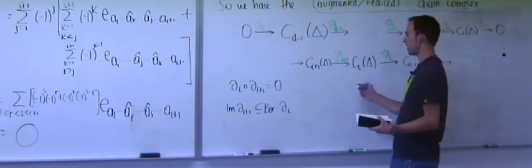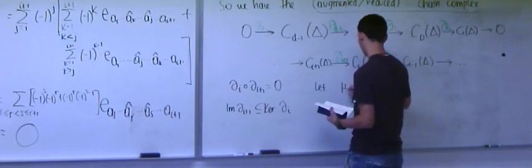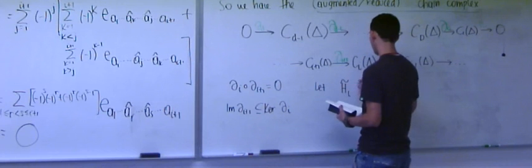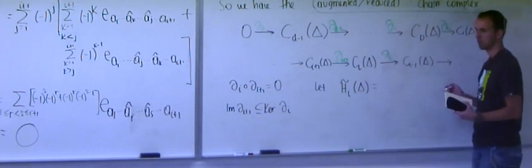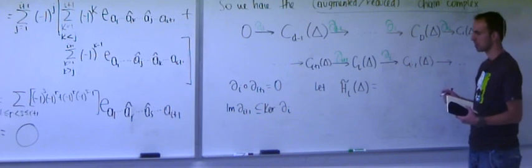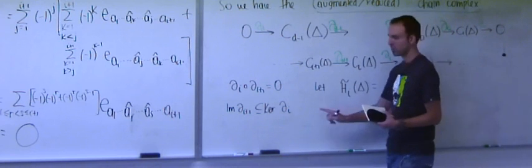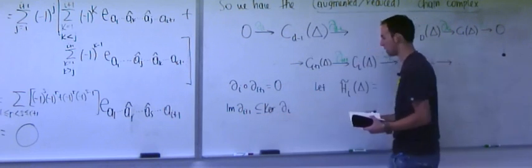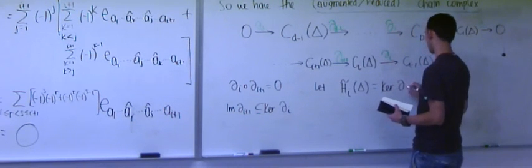So we defined the homology to be the measure of how much you are not exact. Or let's say how close to exact you are. So if the homology is 0, that's because you have equality here. But in general, the homology is just this quotient.